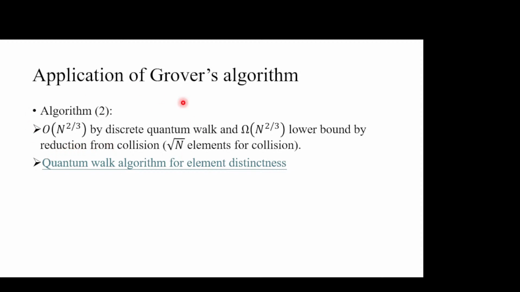If you want the optimal algorithm, then you need to do a discrete-time quantum walk, and then you can get an n to the 2/3 algorithm, and that's optimal. The reference is this famous paper, quantum walk algorithm for element distinctness.